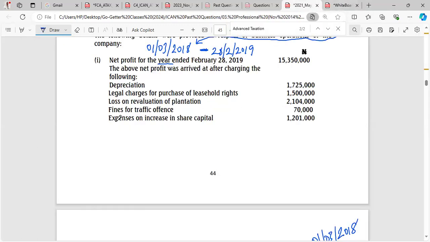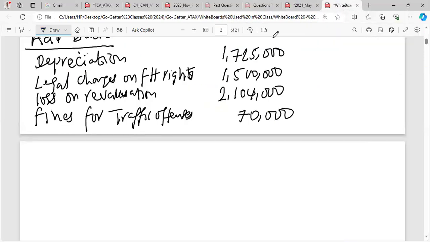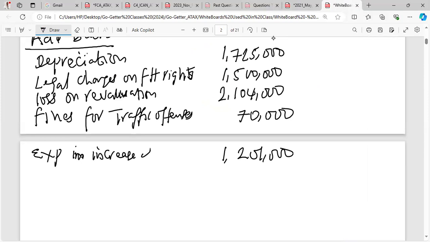What's the next one? Expense on increase in share capital, 1,201,000. Expense on increase of shares.